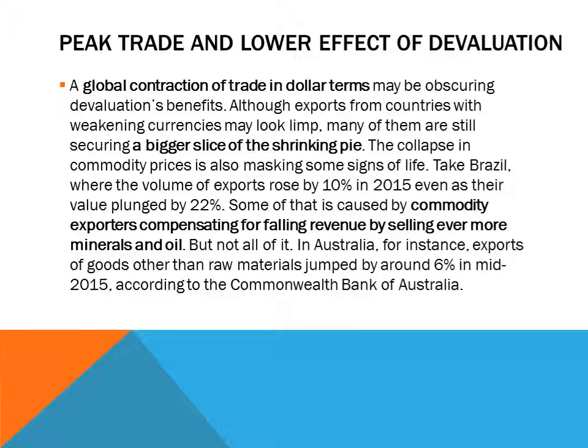So why is this? Well, according to The Economist, one of the effects is the effect of peak trade. That's trade growth slowing now, and therefore these countries which are devaluing are getting a larger proportion of the world trade that's going around, but world trade is falling, or at least not rising very fast.